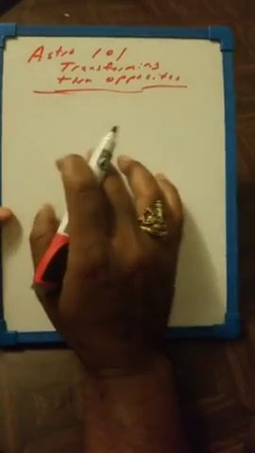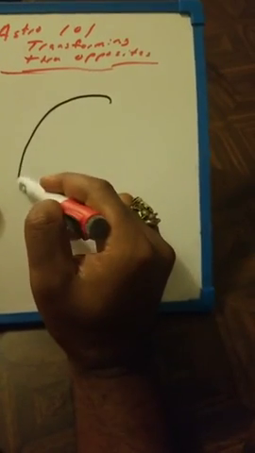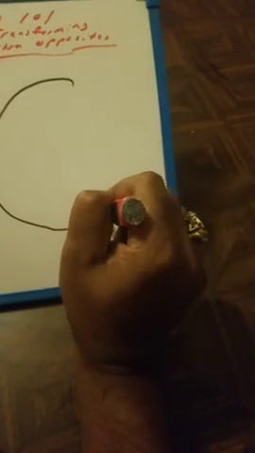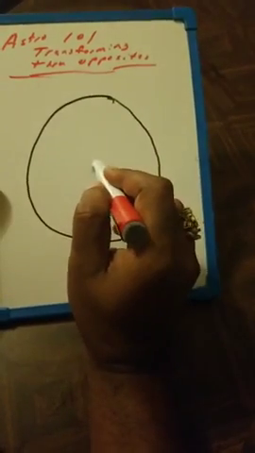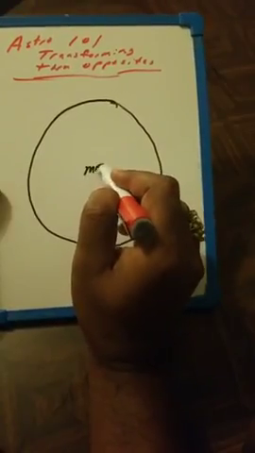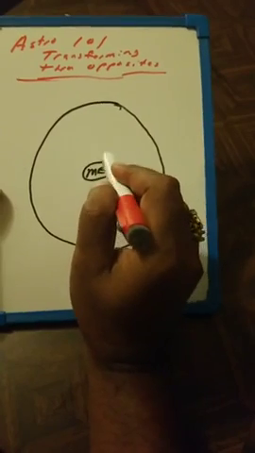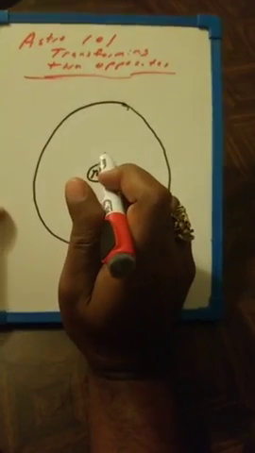And yesterday we went through the houses, and we were talking about the signs and how it's important that you understand where you are in a chart, that you are at the center of your chart.